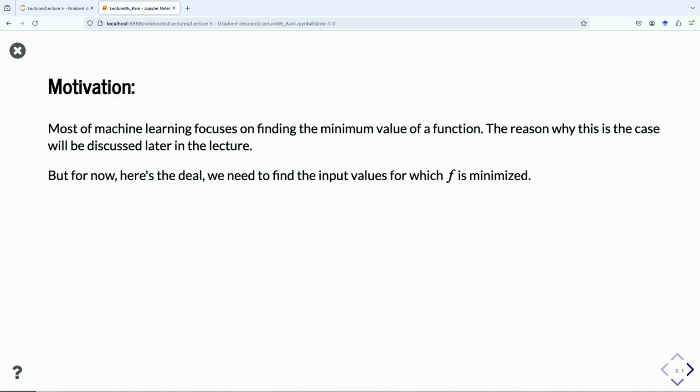We'll go over in more detail later why that's important. But for right now, we just want to find the input values for which a function f is minimized. We want to find the inputs that give you the smallest value possible in that function.